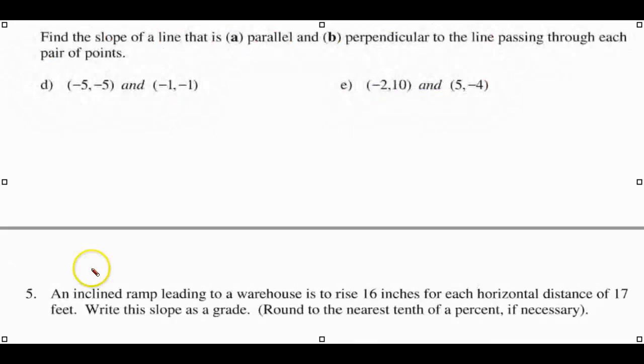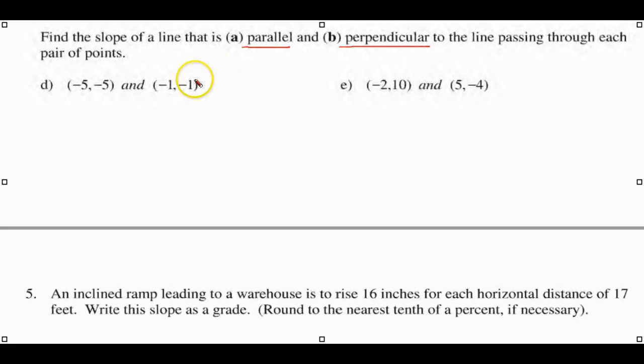Let's go on. Now, for this next part, we're asked to find what would be a slope that is parallel and what would be the slope that is perpendicular if these are the points we're starting with. So what we have to do for each of these is first find the slope.